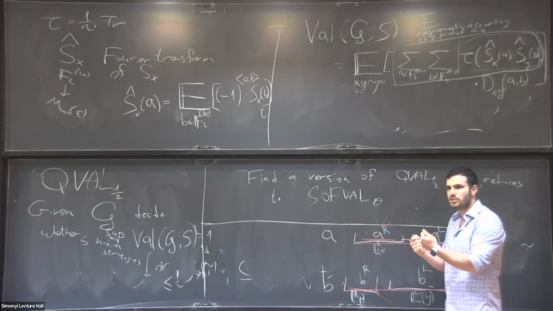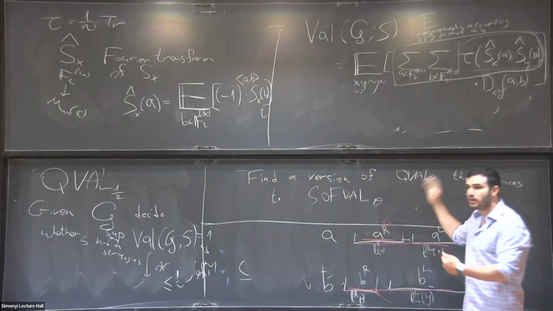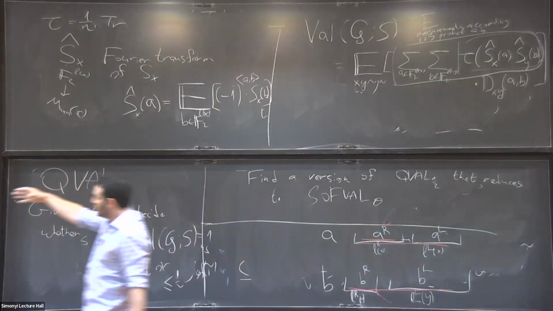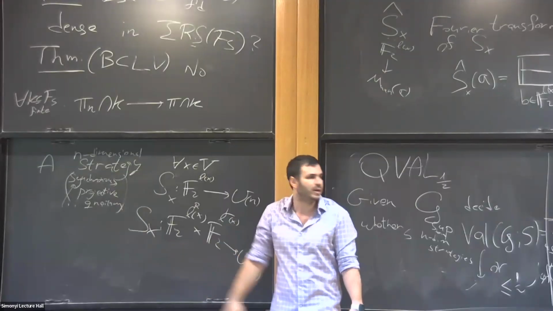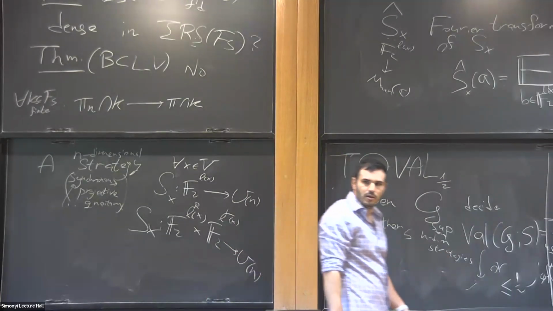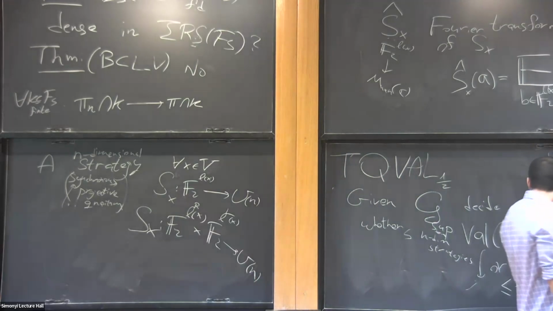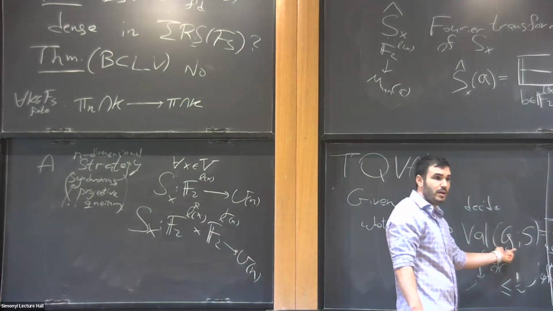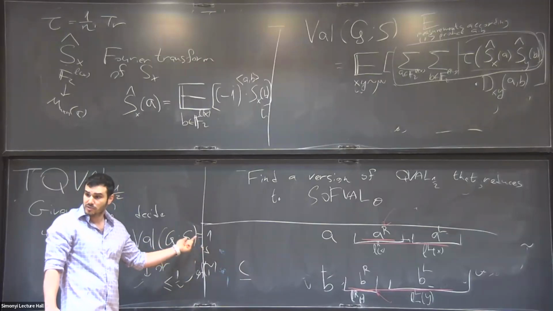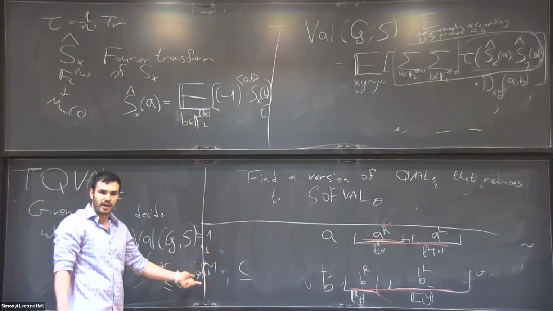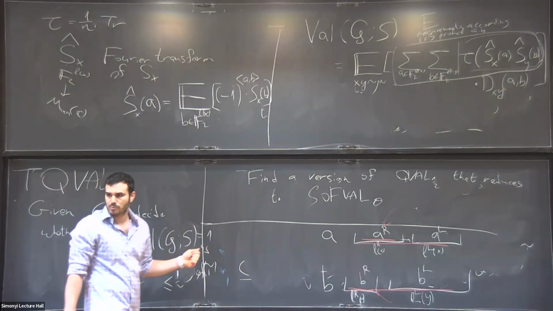And by restricting the verifier to have this format and restricting the provers to only have these kinds of strategies, now we can define tailored Q-val of 1/2. This is a specific subclass of games with a specific subclass of strategies, and I ask you to distinguish between value 1 and value 1/2. This is the thing that we know to reduce to.